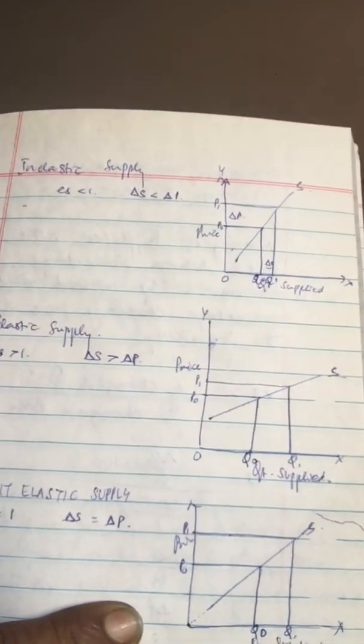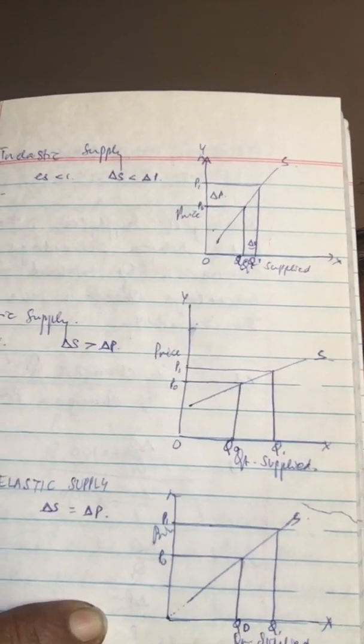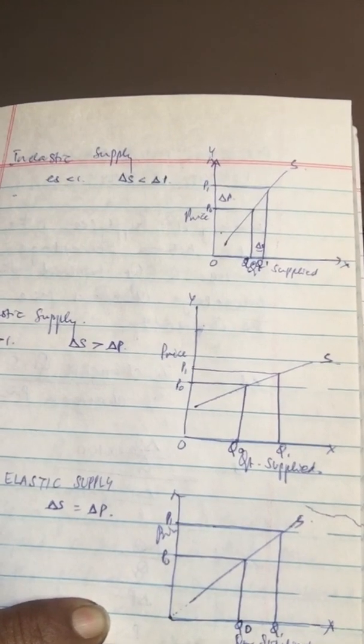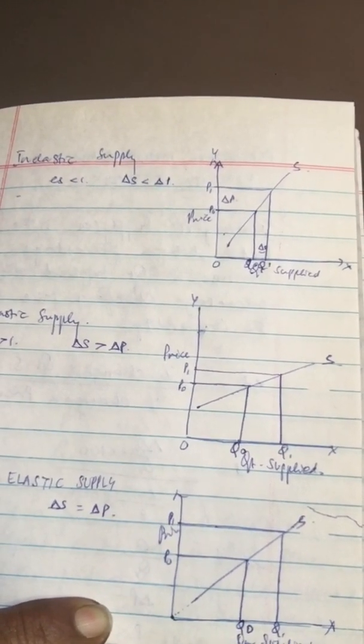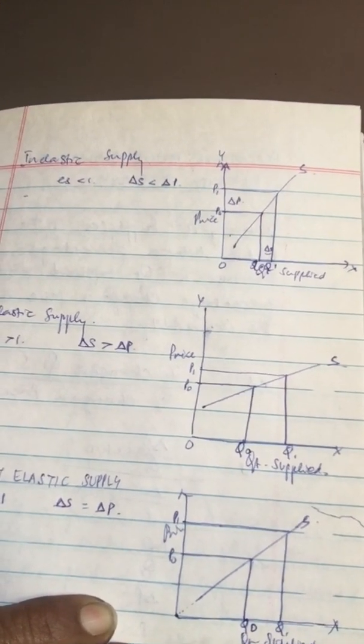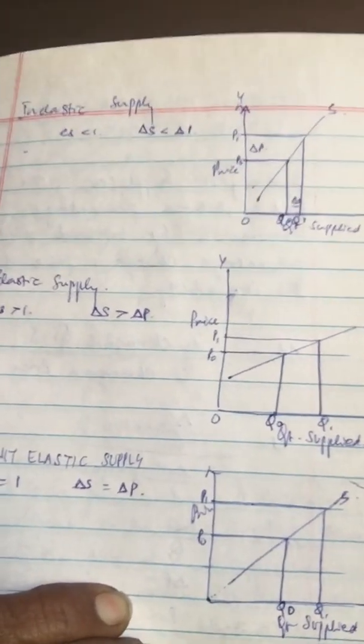And let's talk about inelastic supply. What you can see in the inelastic supply curve is that it is a very steep curve, and you can see that the change in quantity supplied is less as compared to the change in price. That means it is an inelastic supply. And then we have what is known as elastic supply.